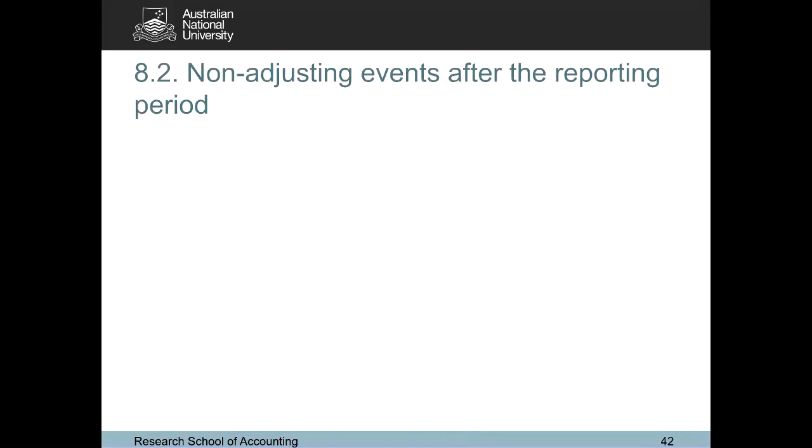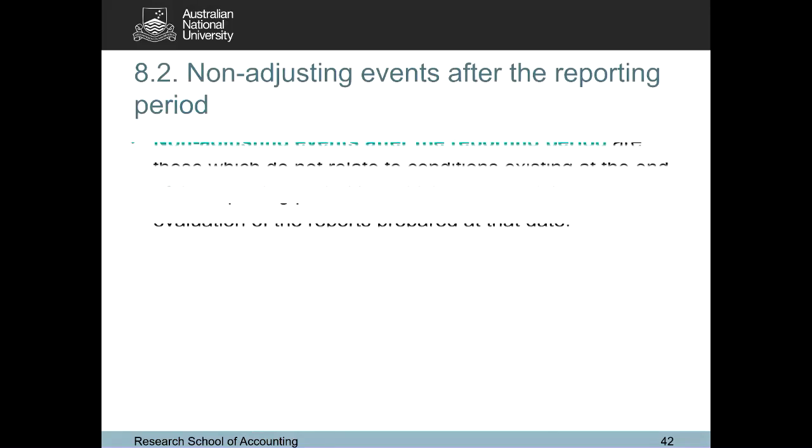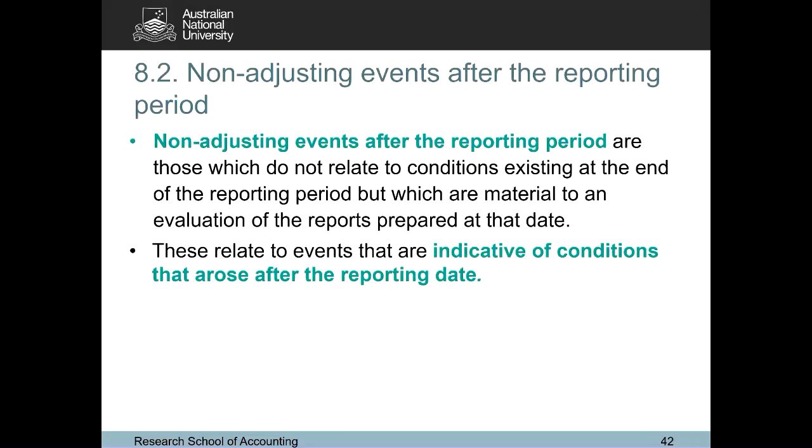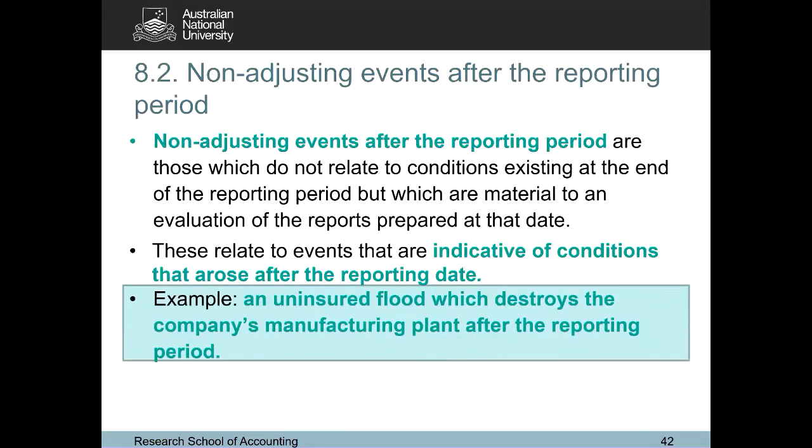And the others are called non-adjusting. Non-adjusting events are events after the reporting period that are material but not related to the existing conditions of your reporting period. That's not related, and you have nothing to adjust. But it's still important, so you just need to disclose it in the notes.